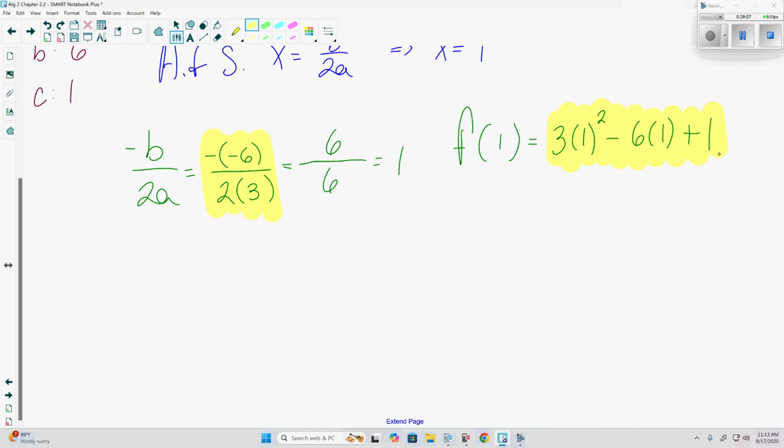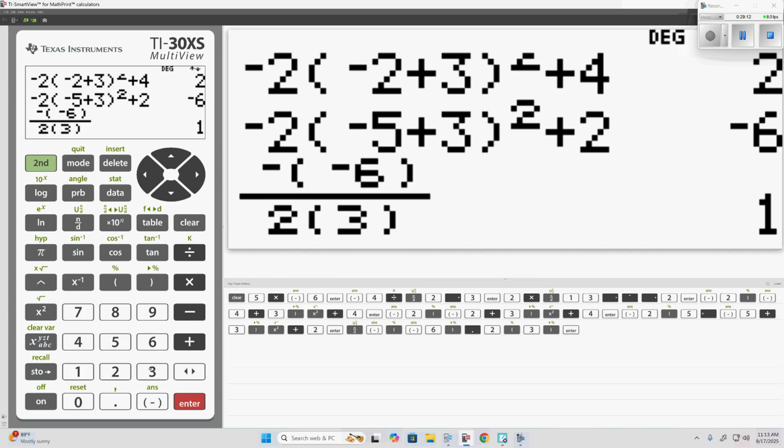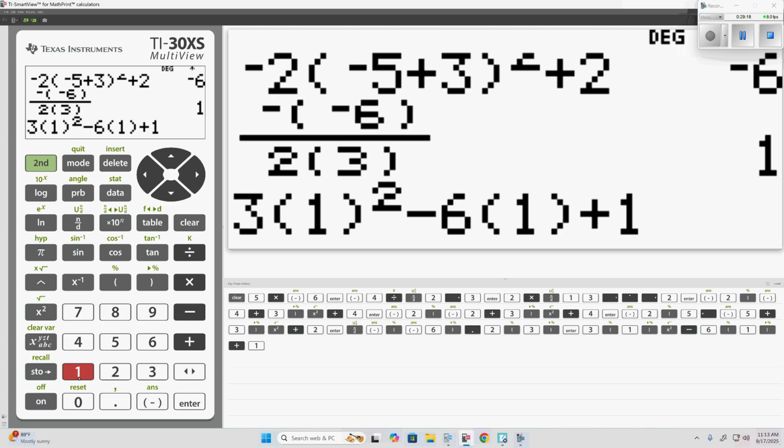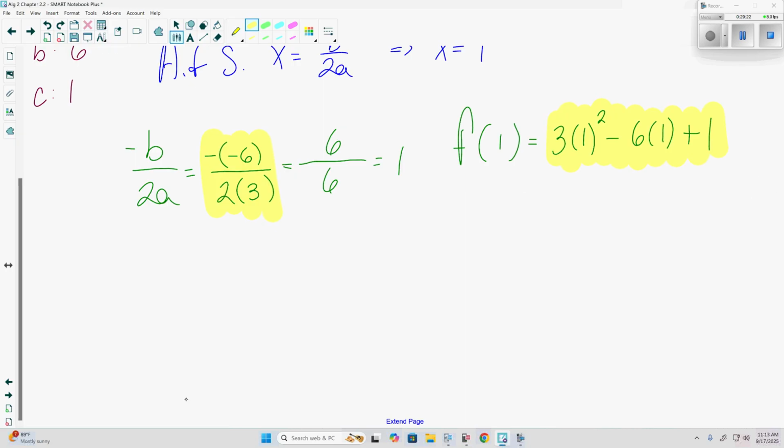Again, that's all numbers, isn't it? The answer is negative 2. So we could plug this straight into a calculator.